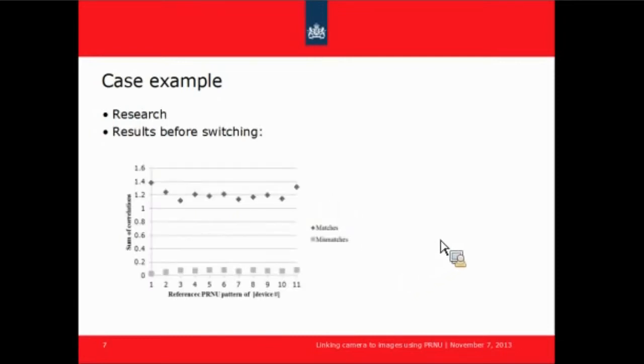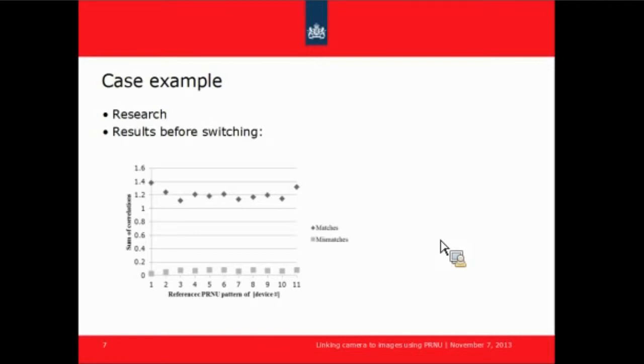So we got several BlackBerries, 11 in total, and before we switched, we first tested how well it worked to do camera identification. What you see in this graph is the device numbers, 11 in total, and when you compare images from device 1 with other images of this device, you get approximately a score of 1.4, and all the others, as you can see, are all around 1.2 if they come from the same camera.